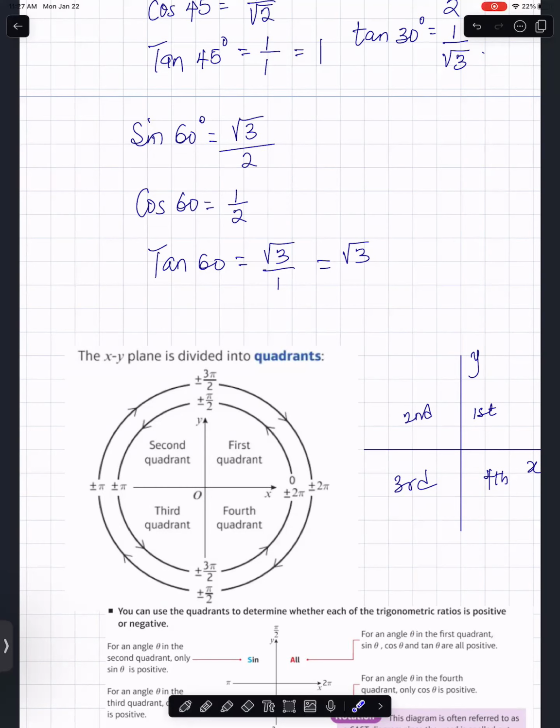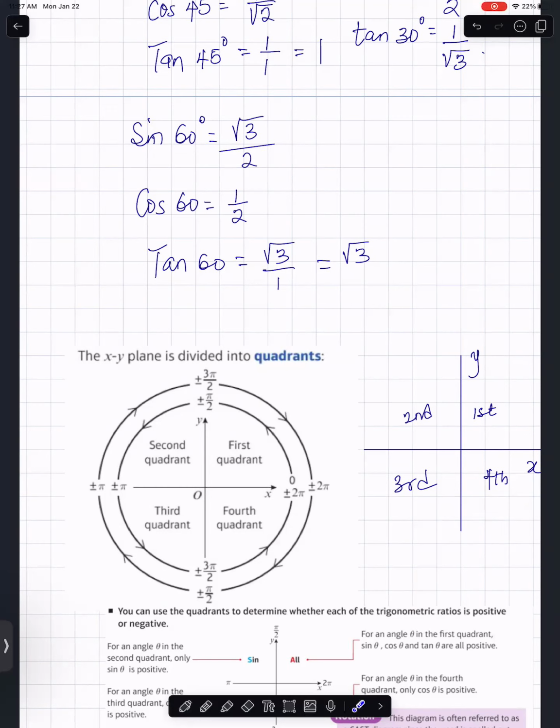Then for my fourth quadrant, I have my cosine angles. Cos theta is positive on the fourth quadrant. Every other angle, including your sine and your tan, are negative. So this is the quadrant we talk about.